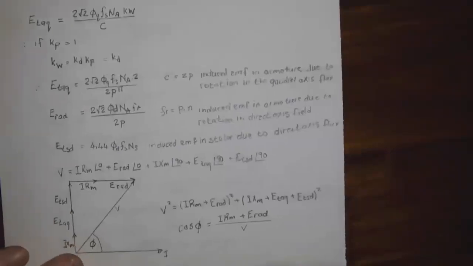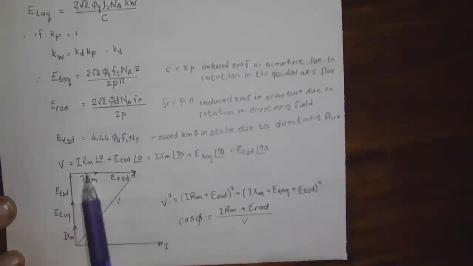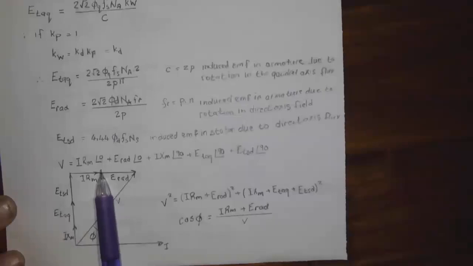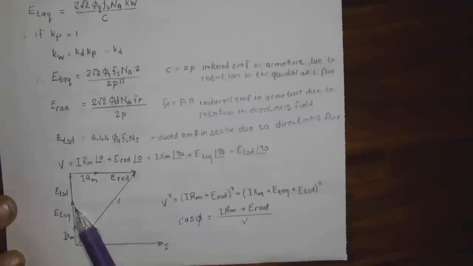Now, if we look at this equation, V is equal to IRm at angle 0 plus E_rad at angle 0 plus IXm at an angle of 90 plus E_TAQ at an angle of 90 and E_TSD at angle of 90.